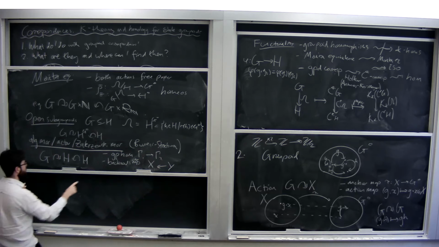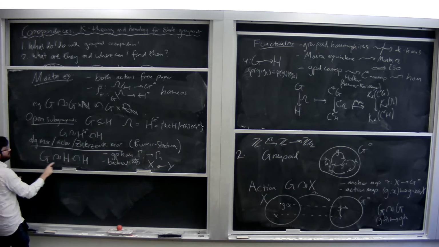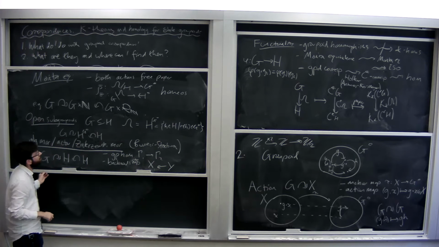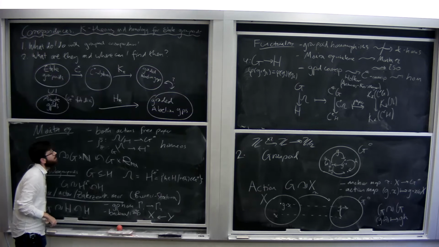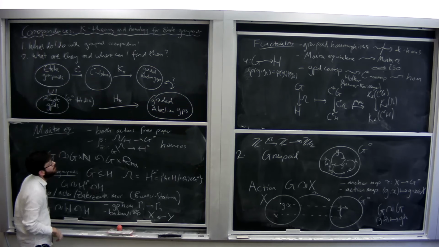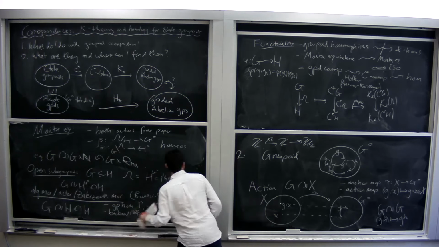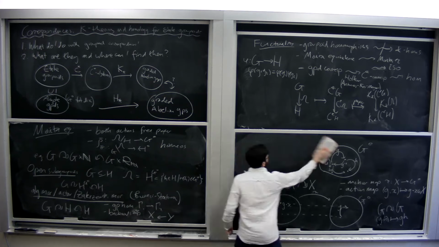Because this is exactly what's going to give me an action of X on Y. But it also gives me, maybe I'll leave this one up there as a reminder.